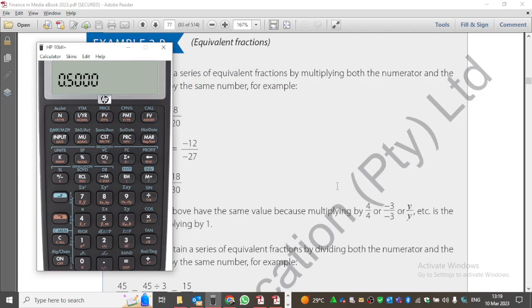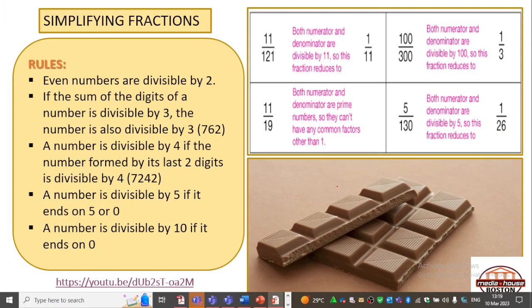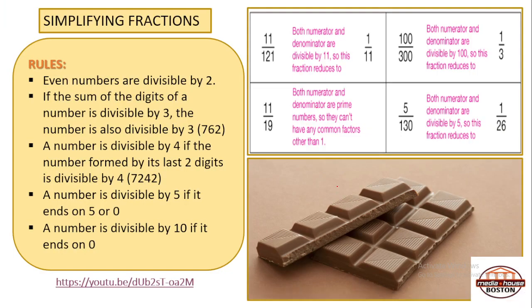So when simplifying a fraction, this is what we get to apply in terms of the rules of simplifying a fraction in order for us to get equivalent fractions. The first rule is that even numbers are divisible by 2, meaning that you first look at both the numerator and the denominator.